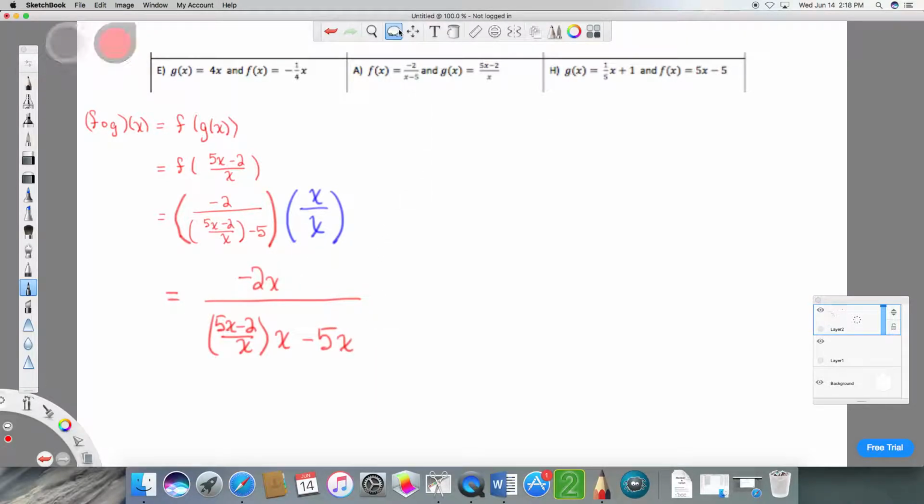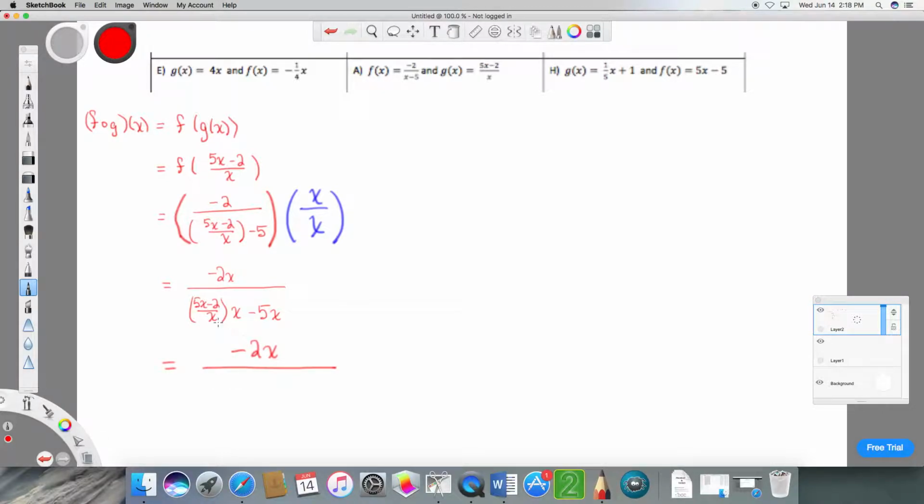So now I simplify this. So in the denominator, this first term, these x's cancel, and we have 5x minus 2. And then we have minus 5x. Well, you can see what happens now.